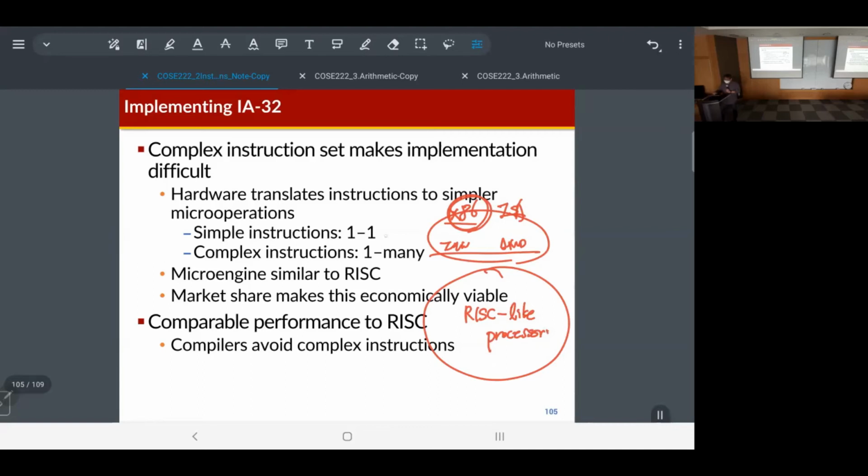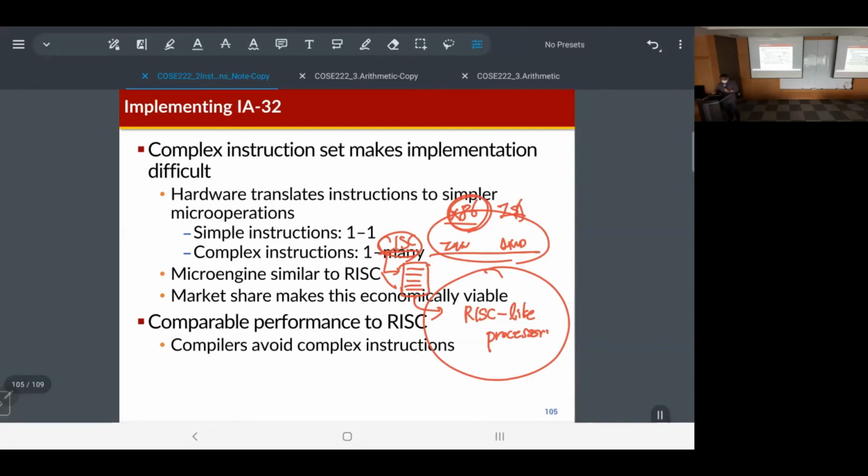But CISC type instructions, the very complex instructions, are decoded into multiple simple instructions, like RISC type instructions, and then these multiple instructions are executed by these RISC-like processors. That is how Intel and AMD processors are very efficient.